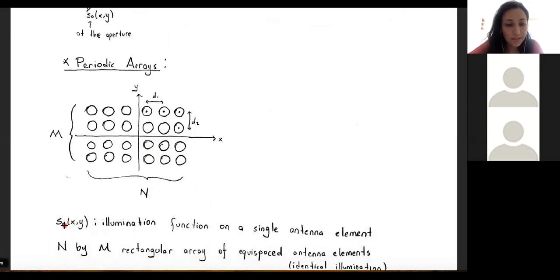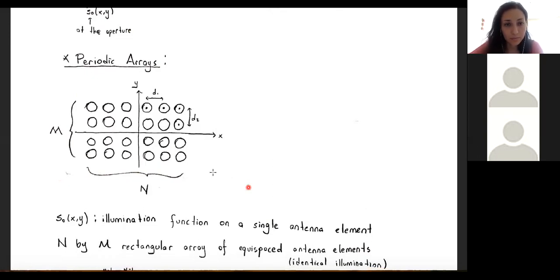So let's say the illumination function for a single antenna element is S0(x,y) this time. And we have an N by M rectangular array of equispaced, equal interval antenna elements. Suppose the distance along X direction is d1, and the distance along Y direction is d2.